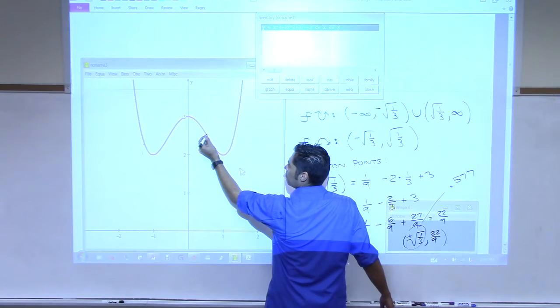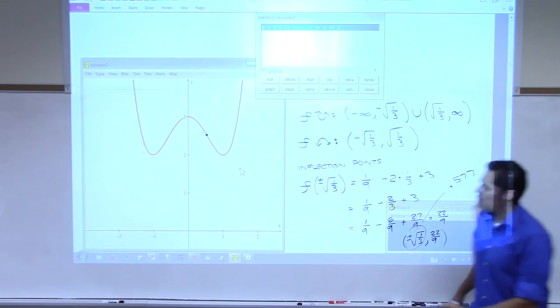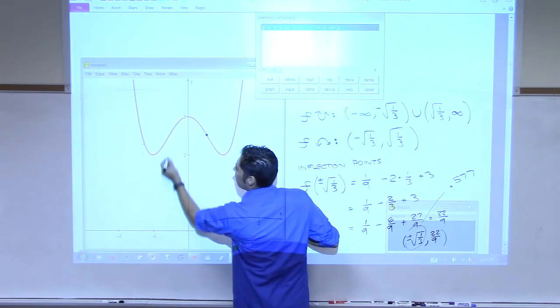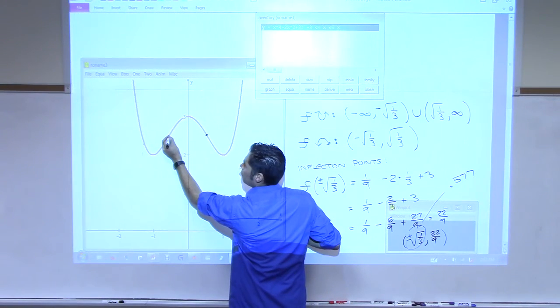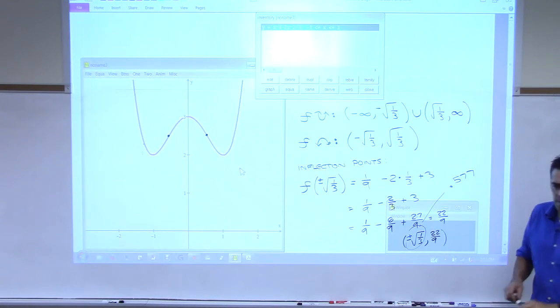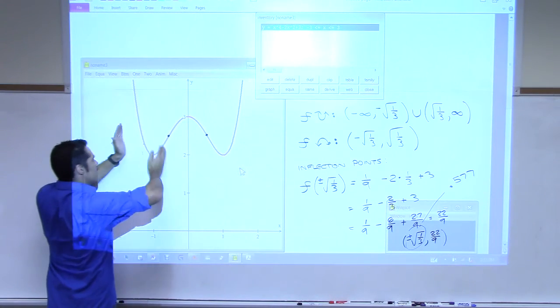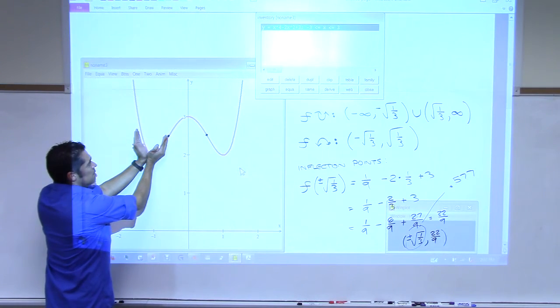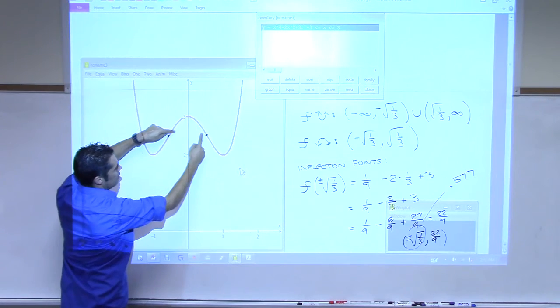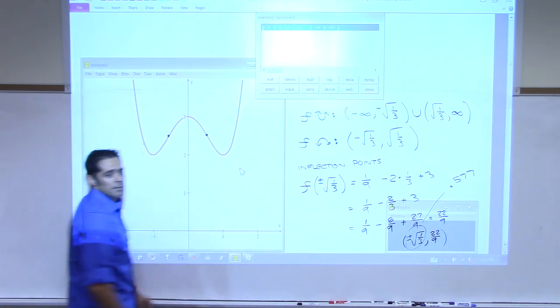Right there? And then I have another one on the other side, right about there. Do you agree that that's where we change? Do you see the change in the graph from the smile to the frown, right here, oh, so sad, and then from here, smiling again.